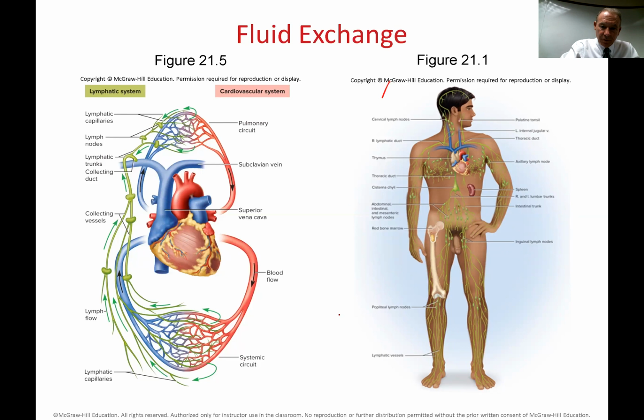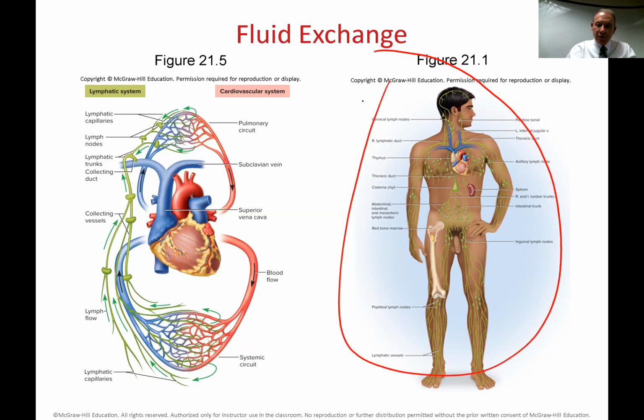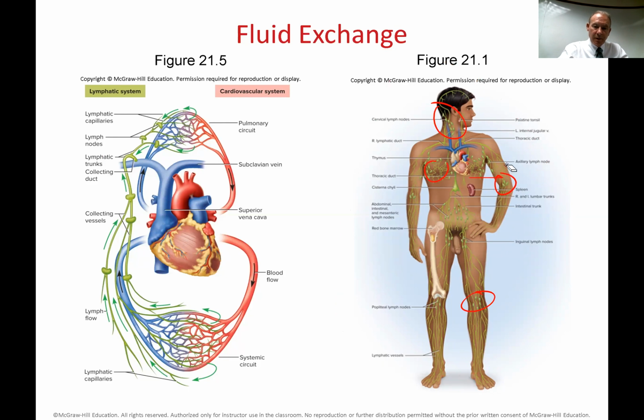Over here you see a diagram, a depiction of all the lymphatic vessels in the body, and all of these green dots here and there and everywhere, those are lymph nodes. And the lymph nodes occur in clusters.